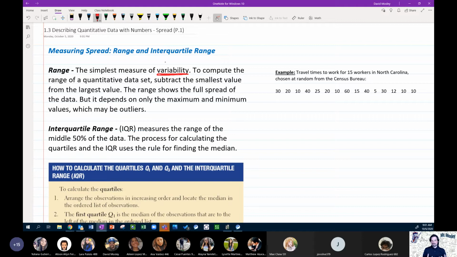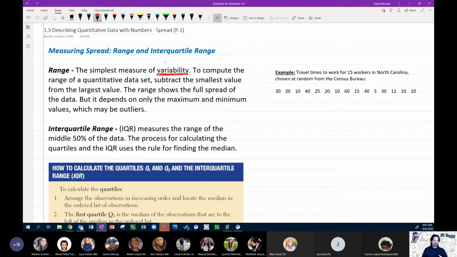So they can kind of switch up the verbiage on you, so I want to point that word out. To compute the range of a quantitative data set, subtract the smallest value from the largest value. The range shows the full spread of the data. Right? But it depends on only the maximum and minimum values, which may be outliers.